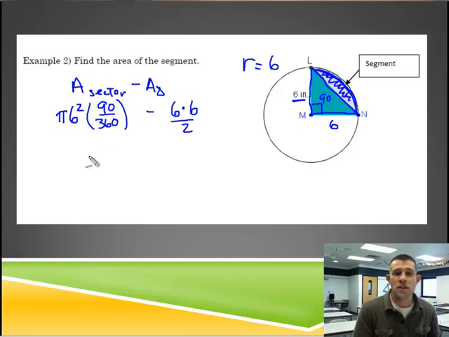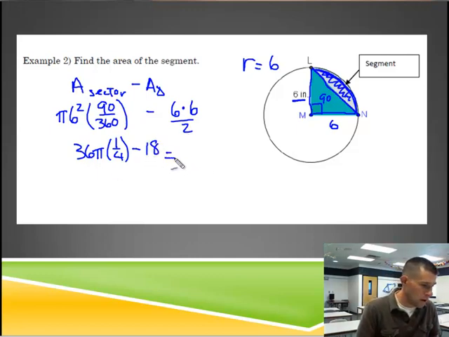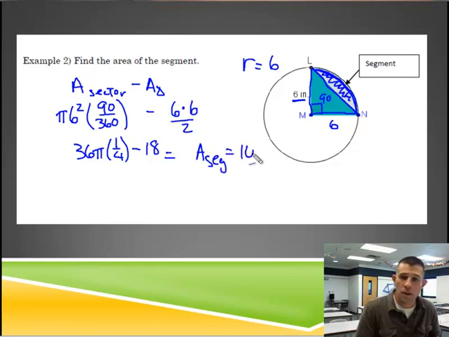So this becomes 36 pi times 1/4 minus 6 times 6 is 36 divided by 2 is 18. When we do all this, we can enter that straight into our calculator. We are going to come up with the area of that segment to equal 10.3 inches squared.